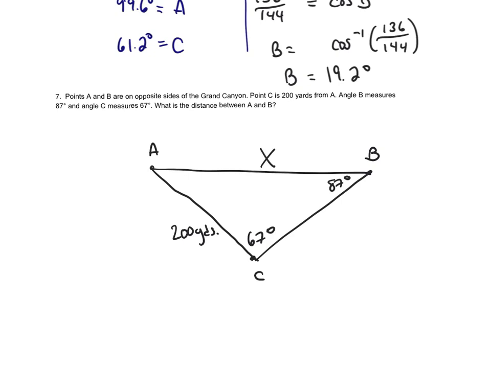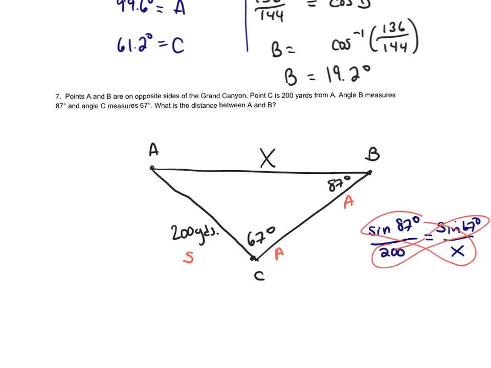So what you have here is you see you have two angles given and a side. So this is just simply law of sines. This is just a word problem that deals with that. So we have sine of 87 over 200 equals sine of 67 over x. And so again, it's just really setting up a triangle and solving. Nothing too crazy about it.